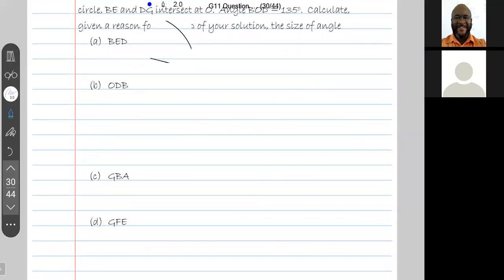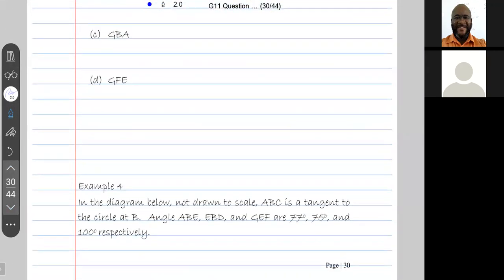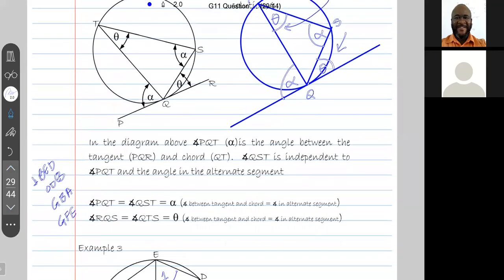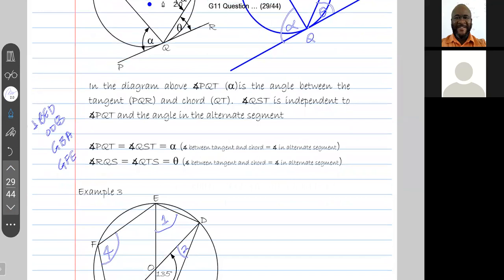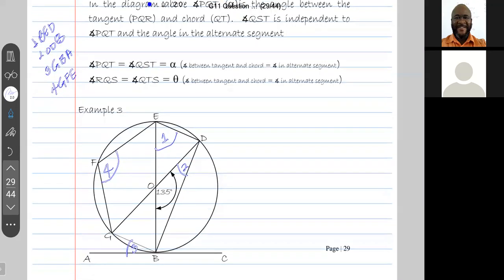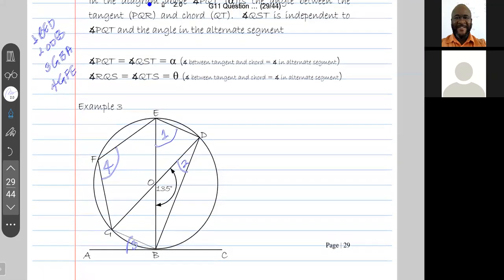All right, so these are the angles that we want to calculate. Angle BED, which we have identified in the diagram as angle 1.